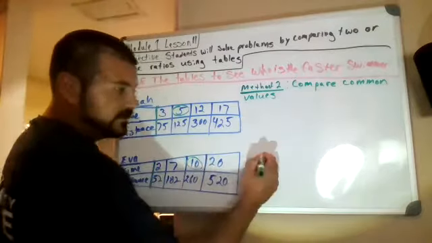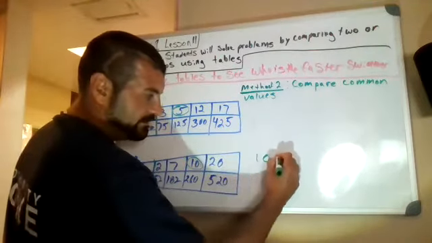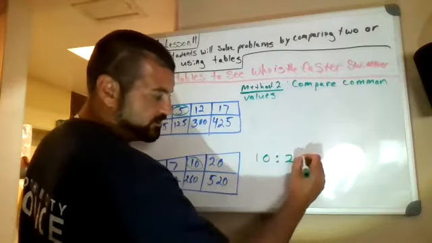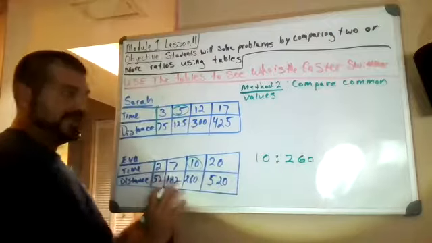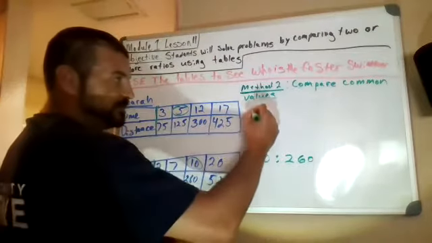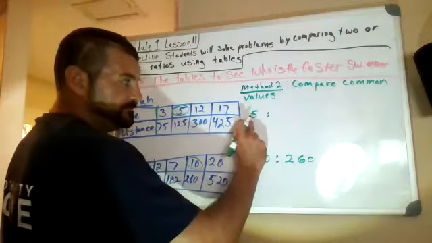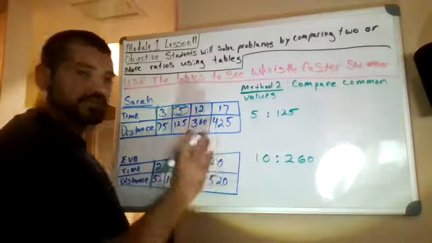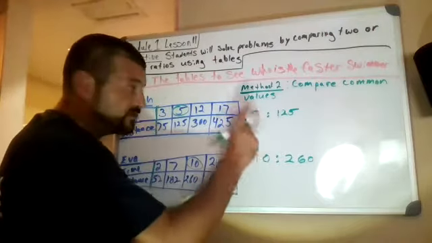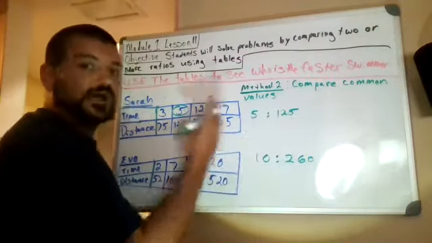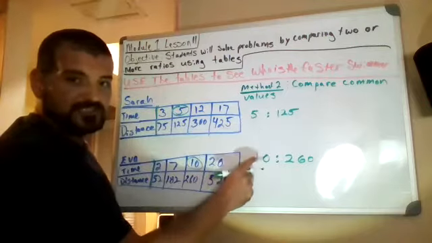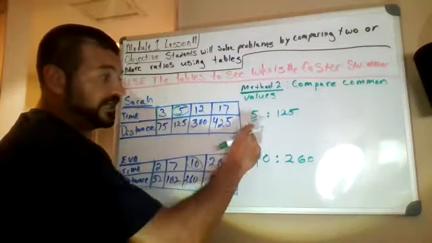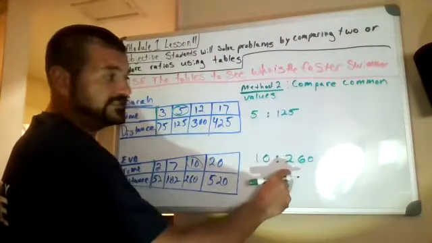I'm going to compare the 10 minutes to the 260 meters of Ava, and I'm going to compare it to the 5 minutes of the 125 meters that Sarah did. Now, some kids are automatically going to say, she went faster. She went faster. Look what she did in 5 minutes. But it's not an accurate representation. You must make it equal. You got to make it fair. So the time has to be the same, or the distance has to be the same.